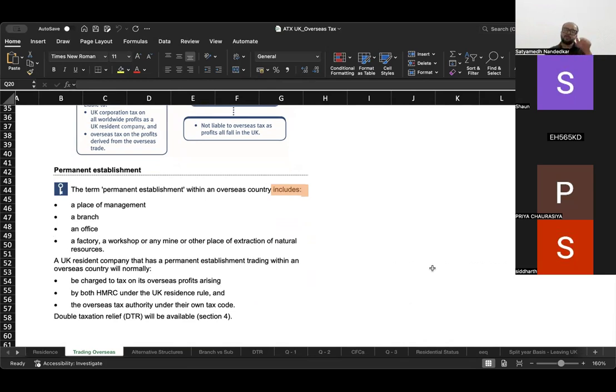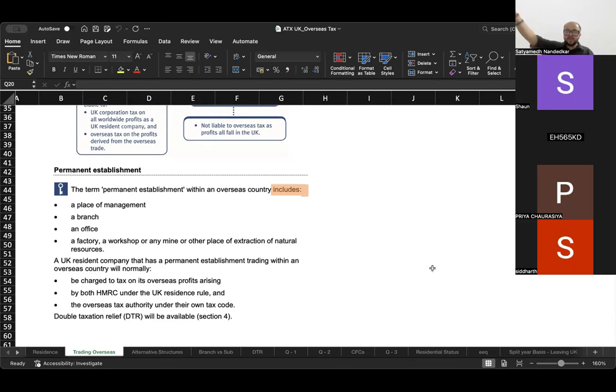Okay. And the moment you have a permanent establishment in another country, say I am in UK and I have a showroom in Italy, the government of Italy will say that whatever profits you have earned here, you are located in our country, so we have the right to levy tax on that.